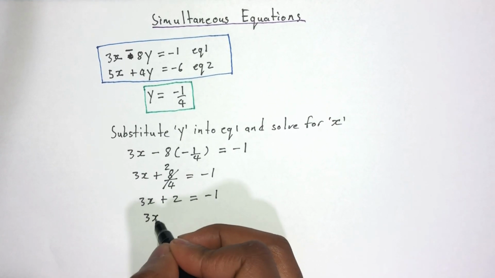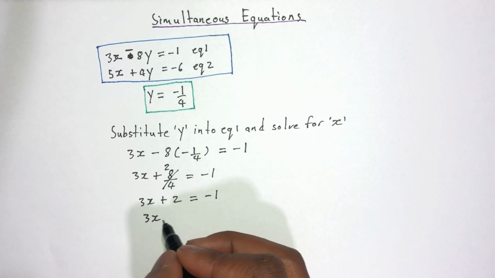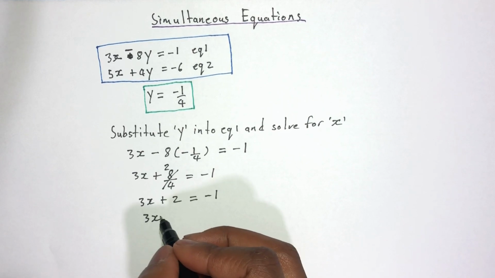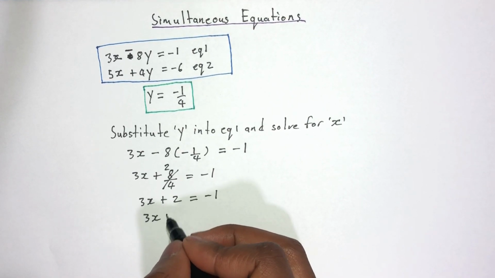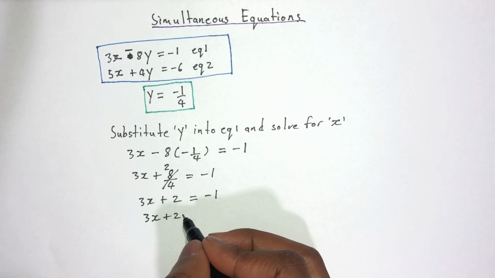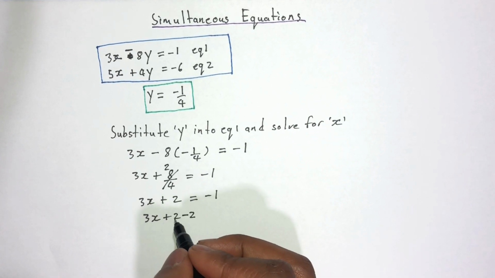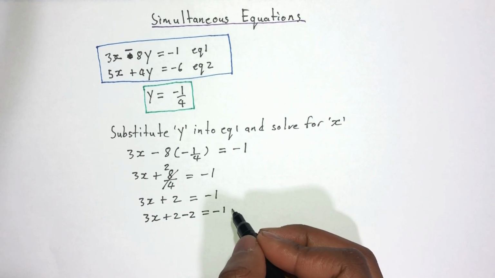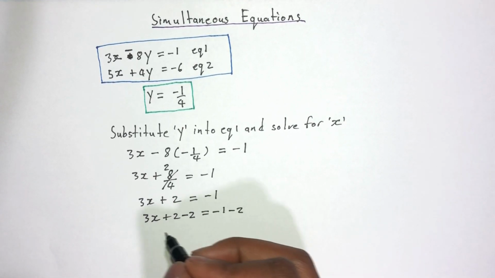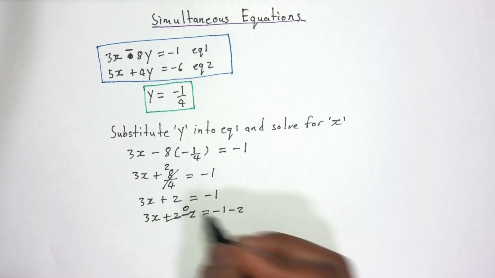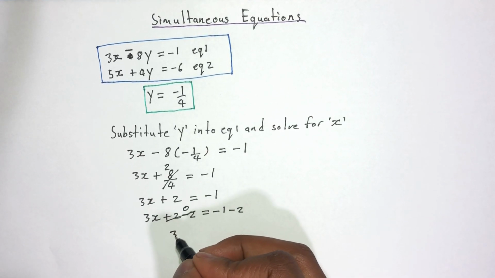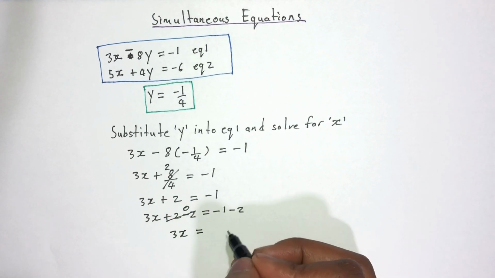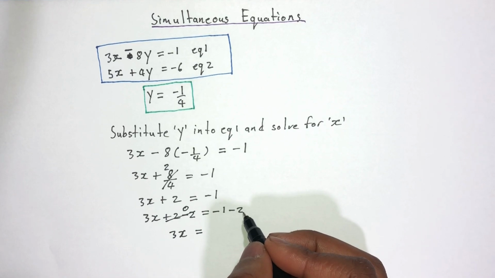Now we are going to solve for x. 3x plus 2, we have to subtract a 2 because 2 is being added. This leaves us with 0. We are now left with 3x equals negative 1 minus 2.